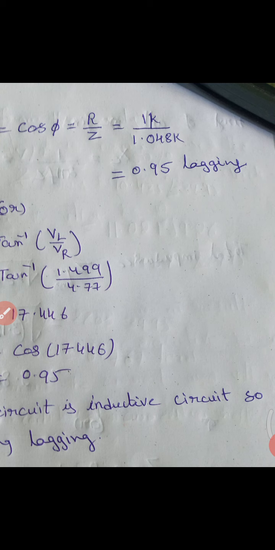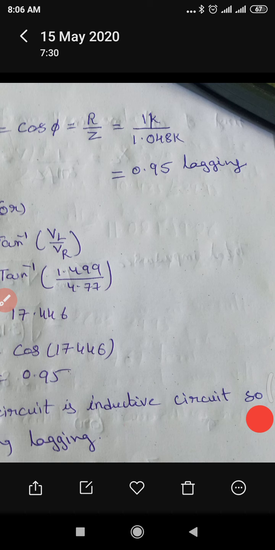After that we have to find the power factor. How can we find the power factor? Cos phi is equal to R by Z. By using this formula we can easily find the cos phi.